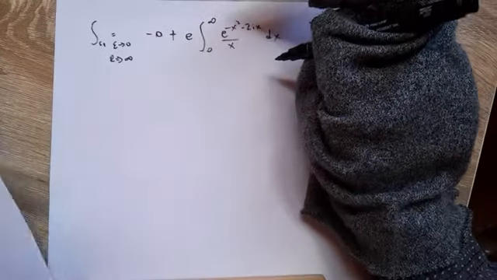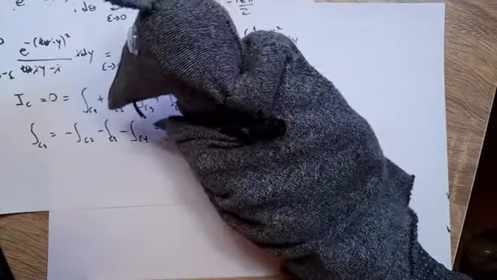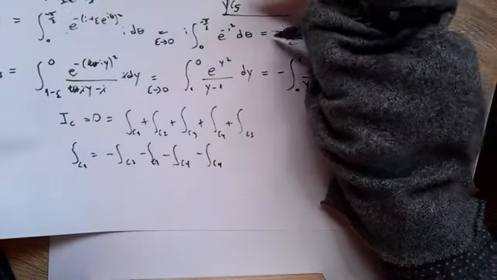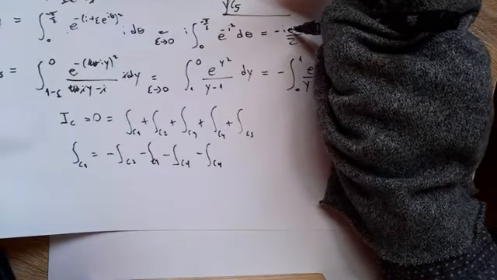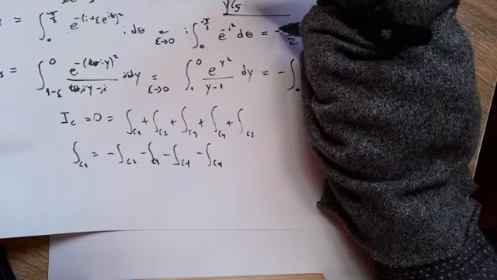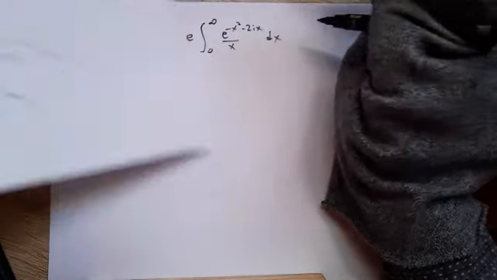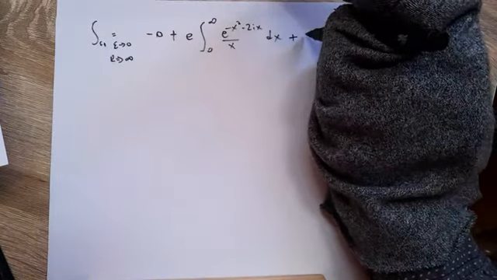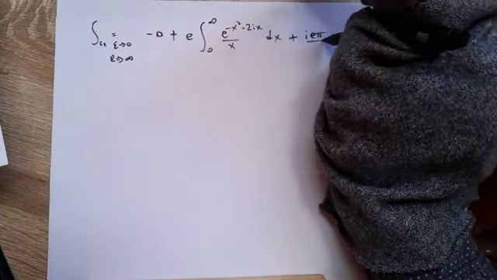Then minus the integral on C4. The integral on C4 is here, is minus e pi over 2. So minus times minus is plus I e pi over 2.